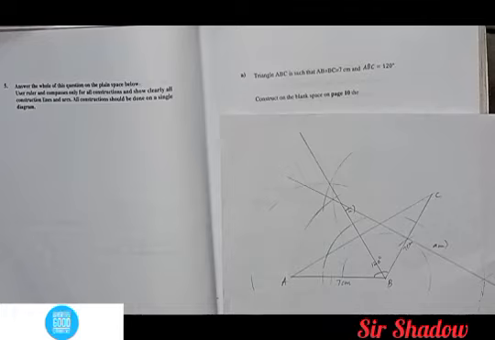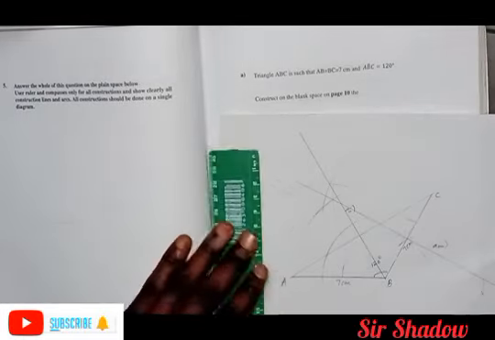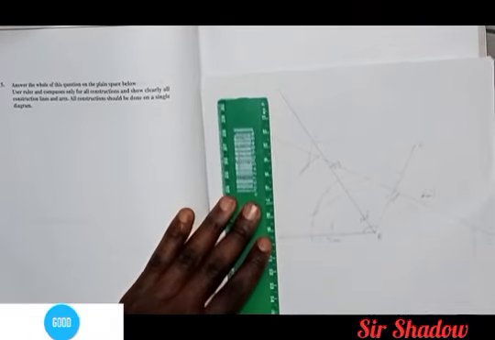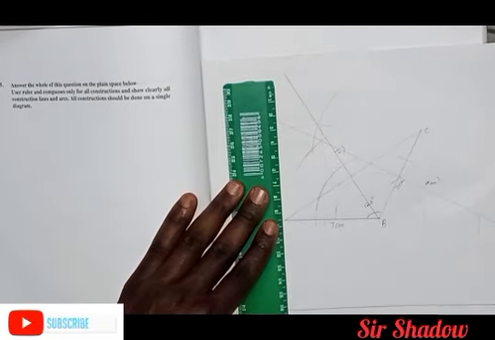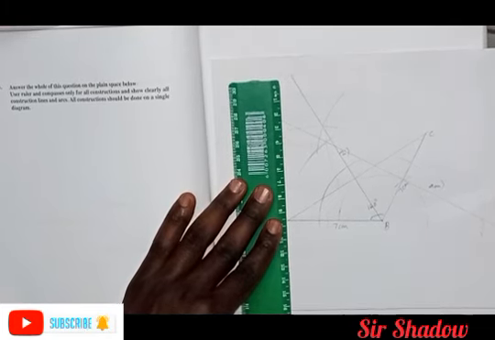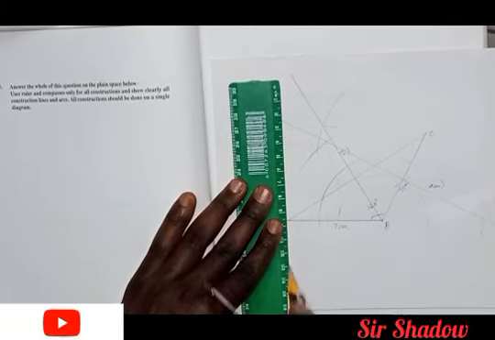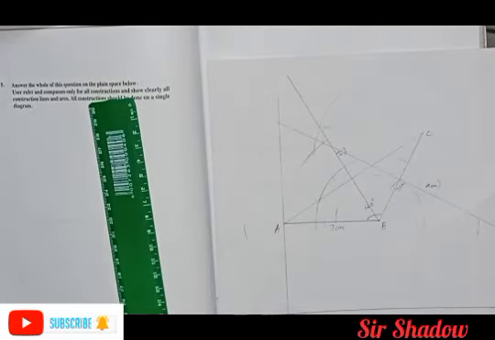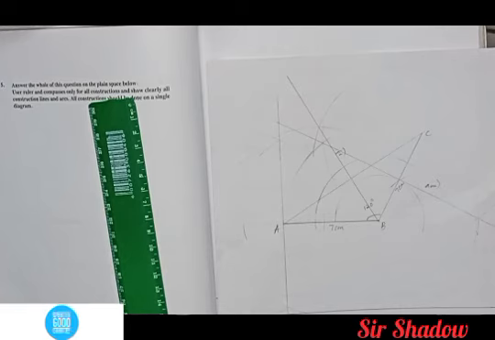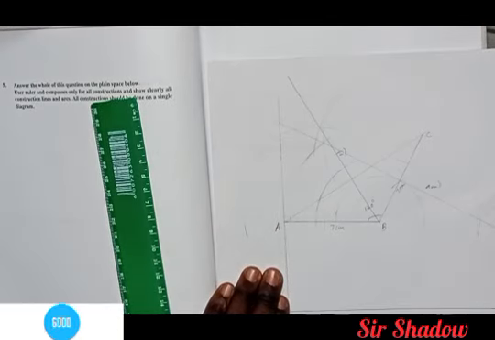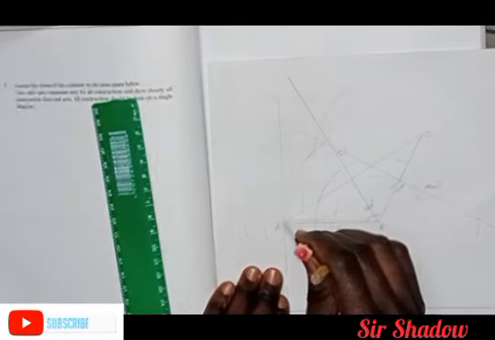So after drawing the perpendicular, which is the 90-degree angle, we have to draw 45 degrees. How to draw 45 degrees? We have to bisect from this 90 degrees here to form 45 degrees.